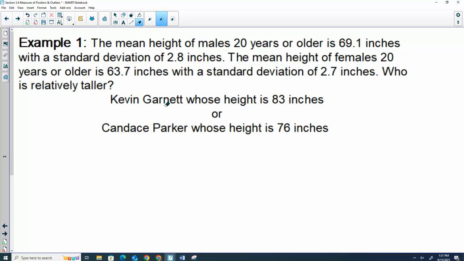So let's look at an example to make some sense of it. The mean height of males 20 years or older is 69.1 inches with a standard deviation of 2.8.